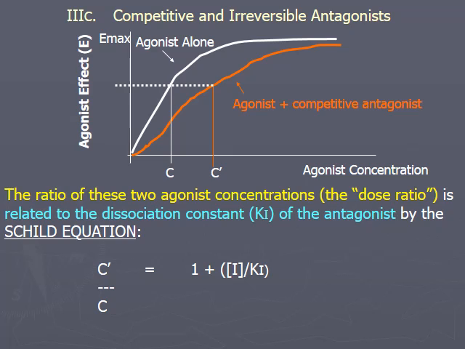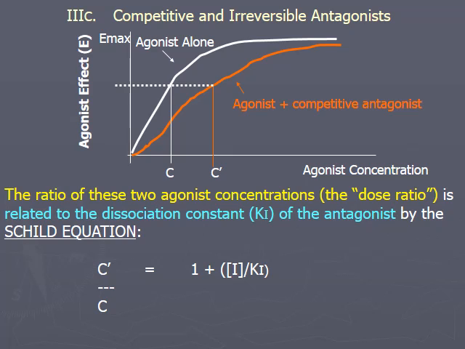And the Schild equation reveals to us that the shift in the curve is going to be proportional to the Ki value, which stands for the inhibitory dissociation constant. It's the Kd of the inhibitor for the receptor.